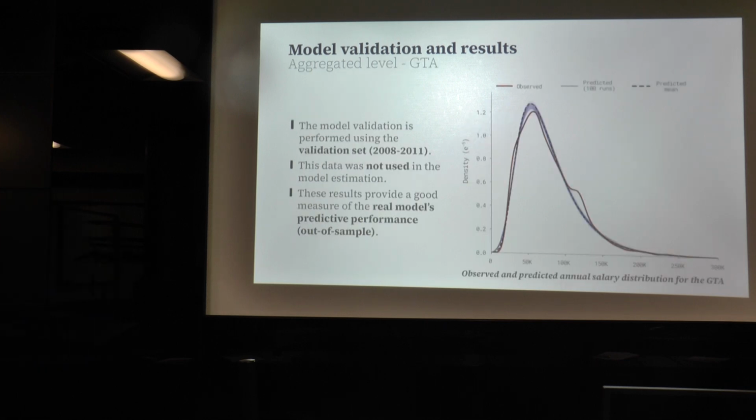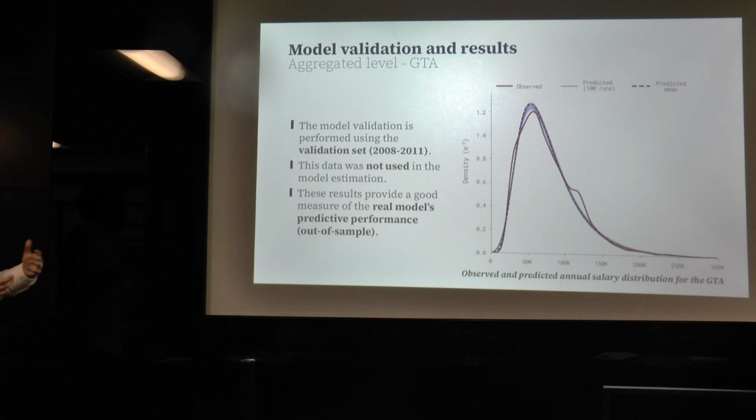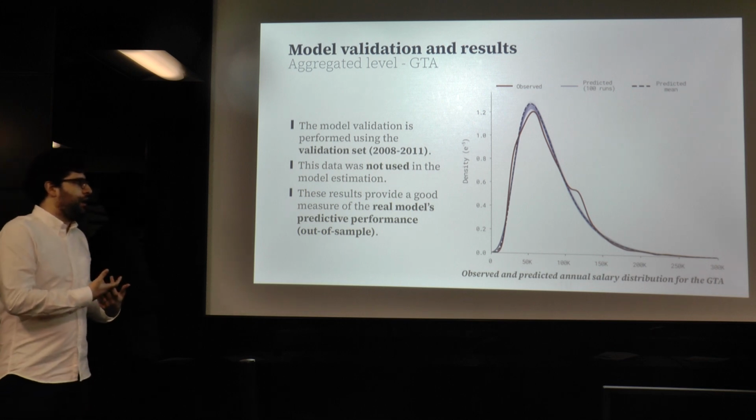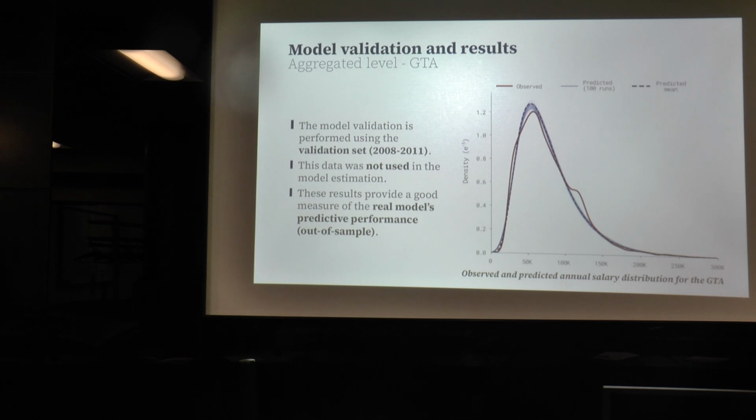Experience and education, in general, in all industries and occupations, have a positive effect on salaries. Then, in the prediction, just a reminder, all of these calculations are performed using the validation set. This set was not used in the model estimation, which provides the real predicted performance of the model, also called out-of-sample performance. Here we can see our predictions of the salary distribution in the GTA area.